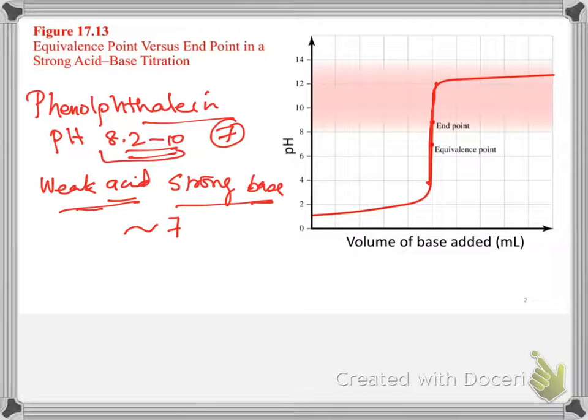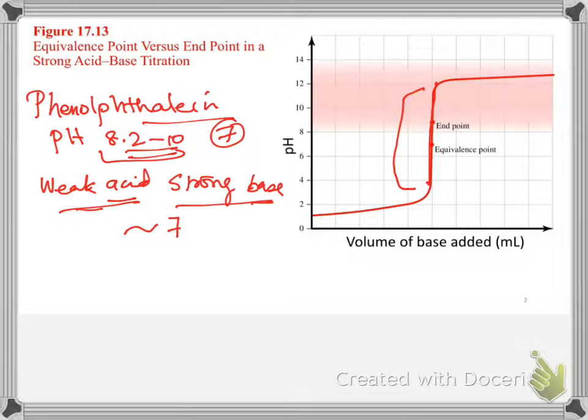Now, the main point here is that we cannot use just any indicator for any type of titration. We have to be very specific about what indicator to use. The goal is that it changes color within the most vertical portion of the titration curve.